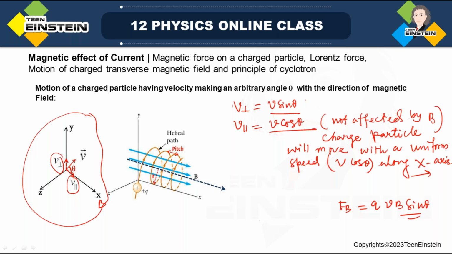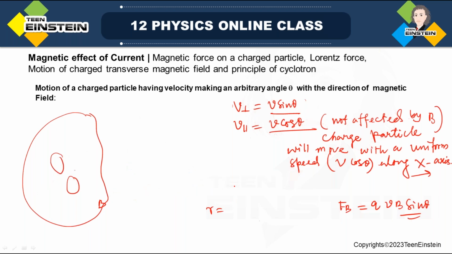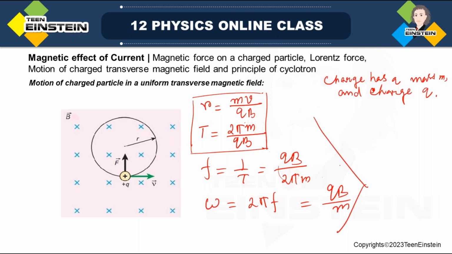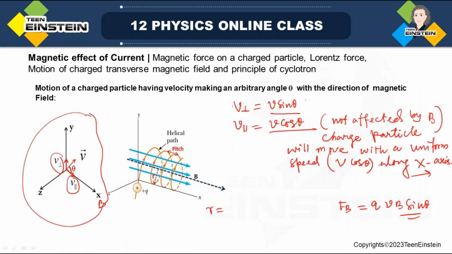Since it is circular motion, we'll get the same expression for the radius of the helix. We have mv by qB, the same thing we'll get here: mv by qB. This will be the radius; frequency, time period, everything will be the same.